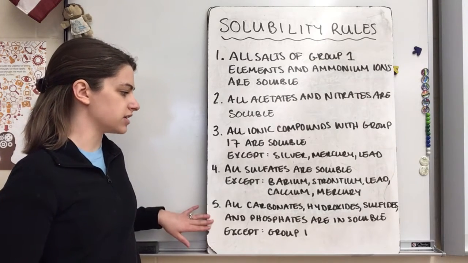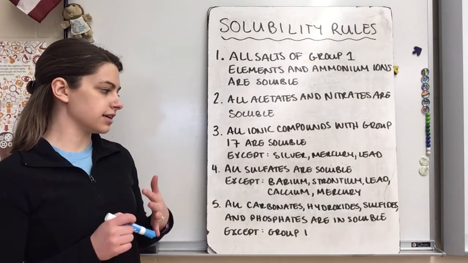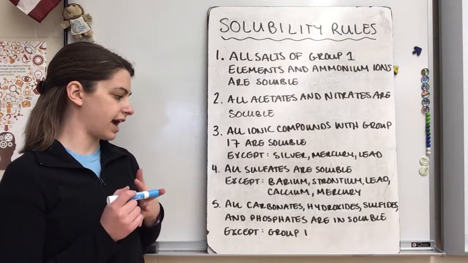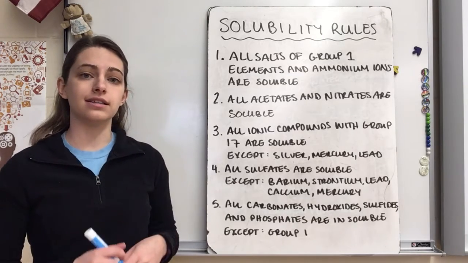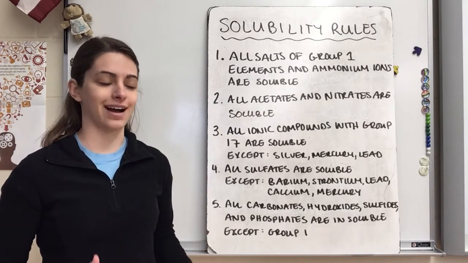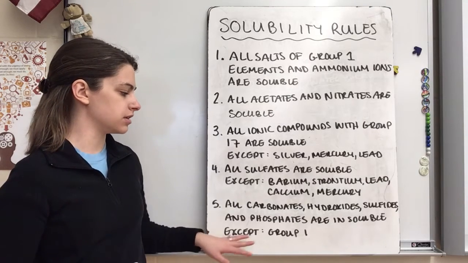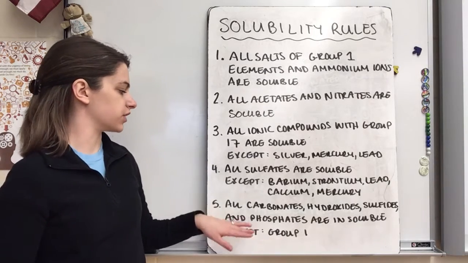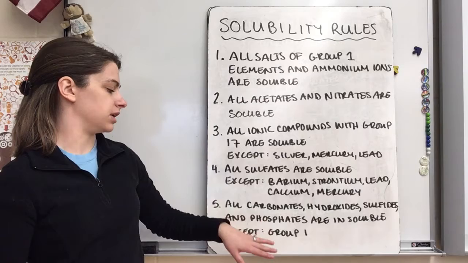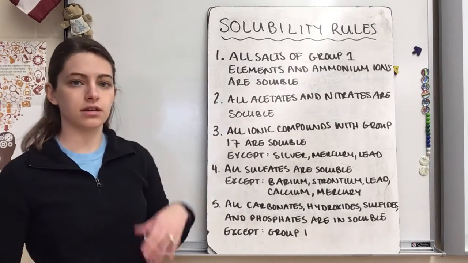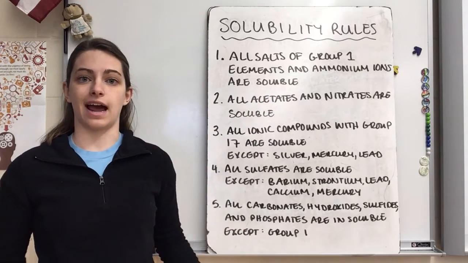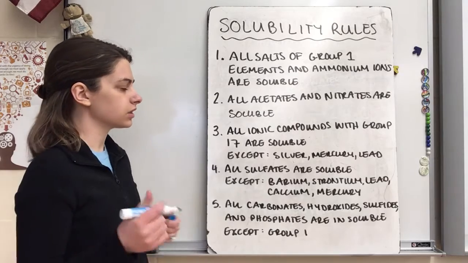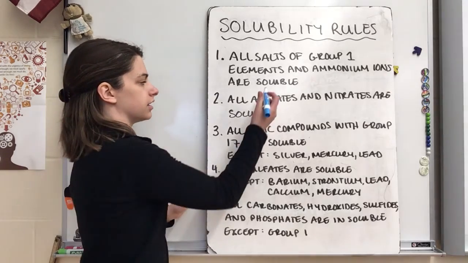And then rule 5 is our insoluble ones. All carbonates, hydroxides, sulfides, and phosphates are insoluble. Insoluble means it's not going to dissolve, except for those in group 1. So for example, because sodium is a group 1 element, sodium carbonate is actually going to dissolve. So I'm just going to go through here really quick.